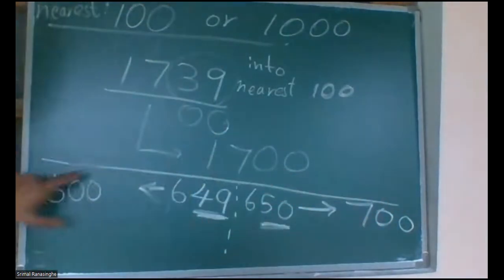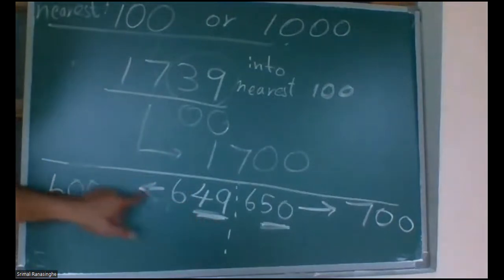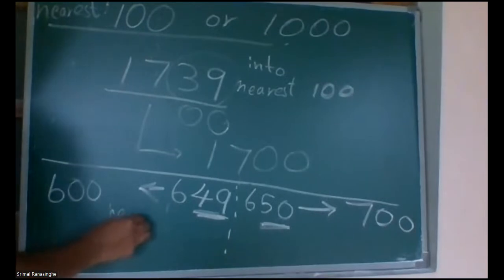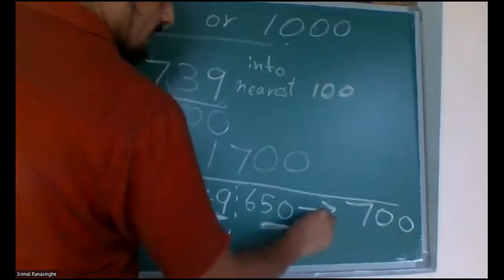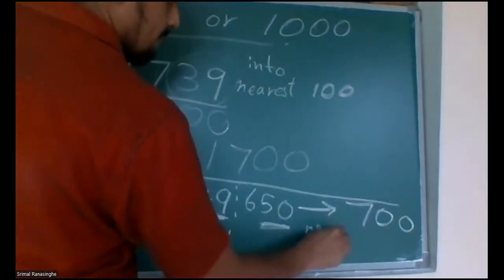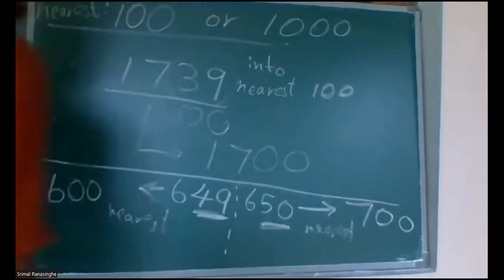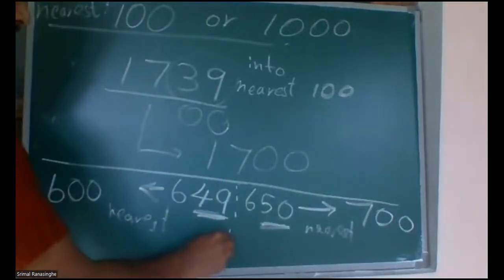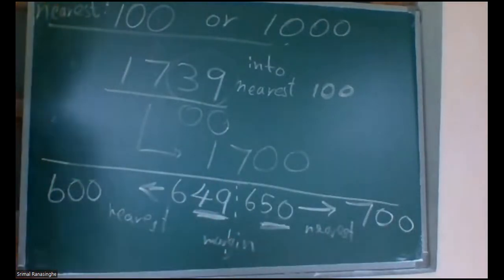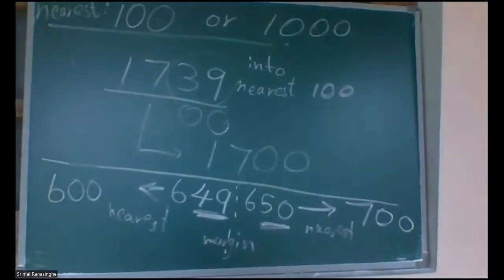This one 600, the nearest number here 600. 650, nearest number is 700. So this is the margin. Understand? Understand or not? Udita, Ishan, understood, sir.